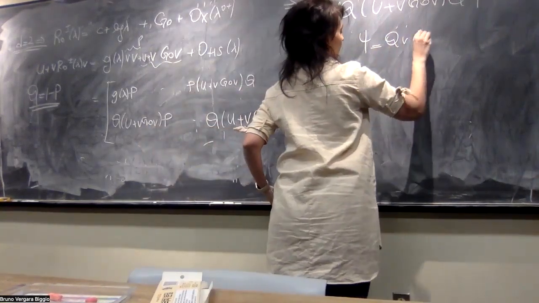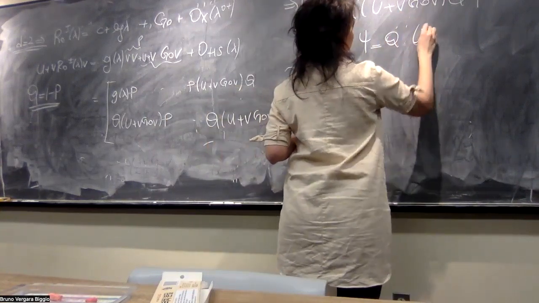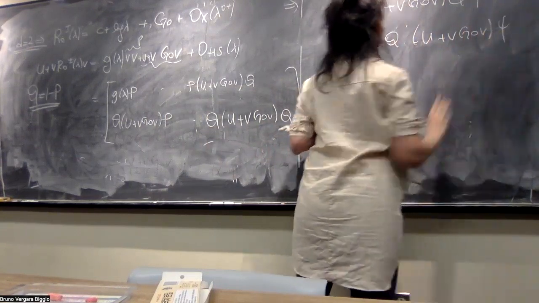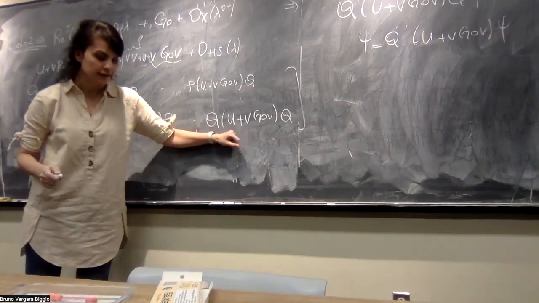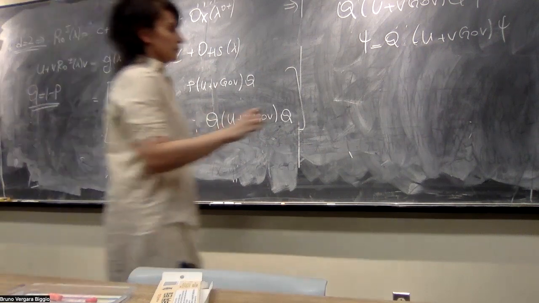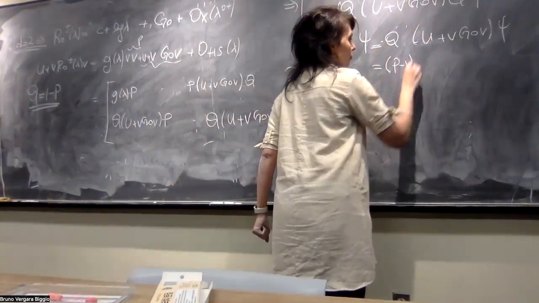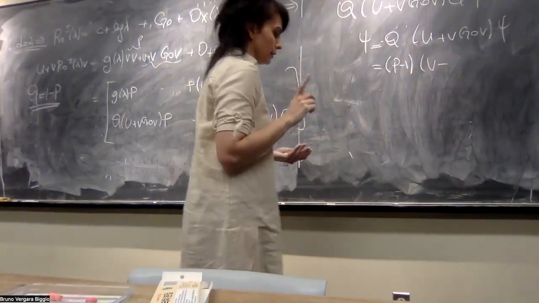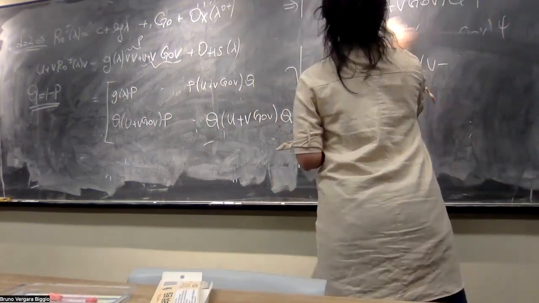Q V. Let me write that: Q U plus V G0 V phi, because phi is in Q. I'm trying to understand the invertibility of this in the Q space. So this is going to look like minus P minus 1. I think I solved it wrong, let me fix that.